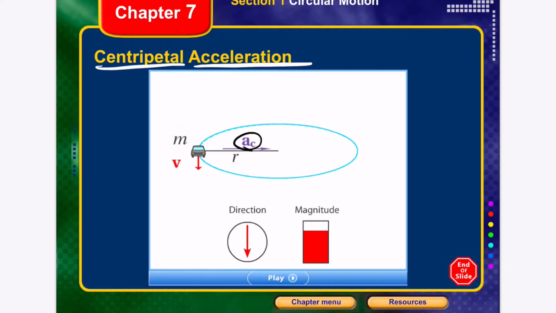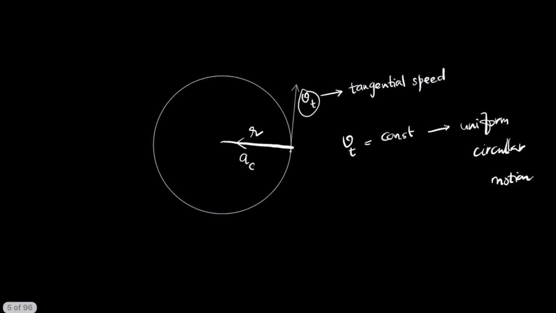Remember here that even though the magnitude does not change, the direction does change. Because acceleration is a vector quantity, if there is a change in direction, it means that acceleration will have to change as per the changes in the tangential velocity. So the changes happening in the direction of the tangential velocity create the centripetal acceleration.